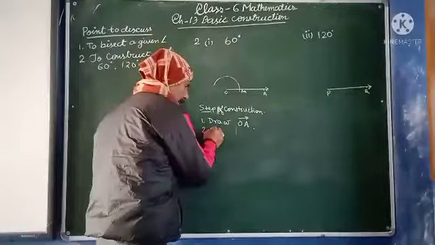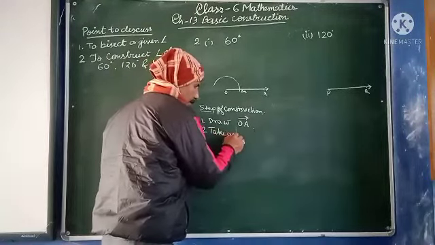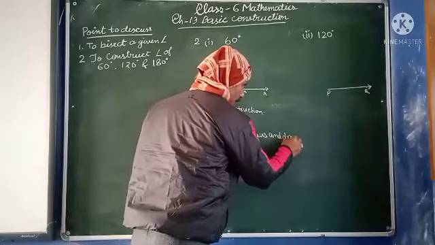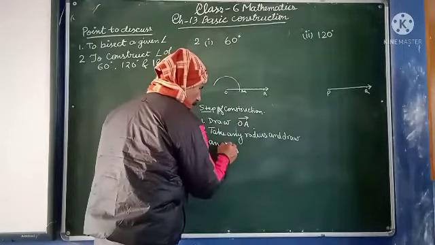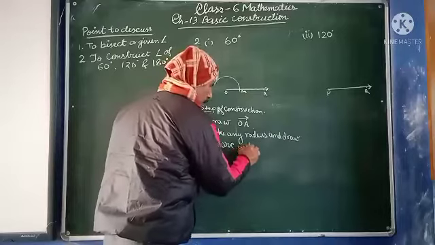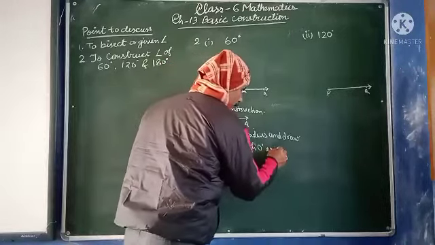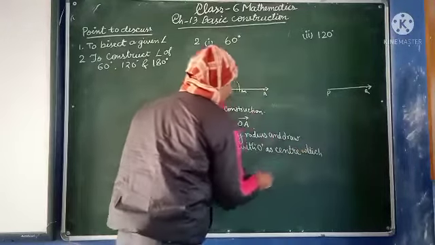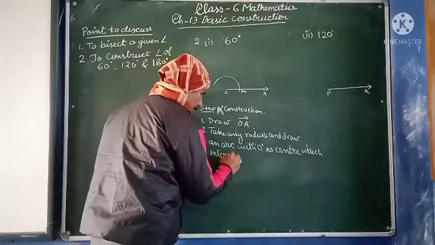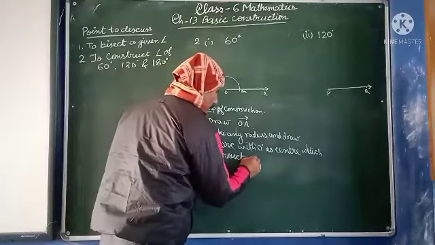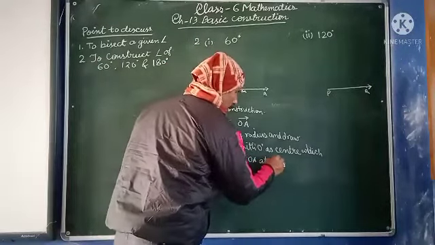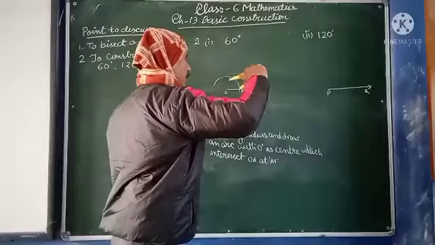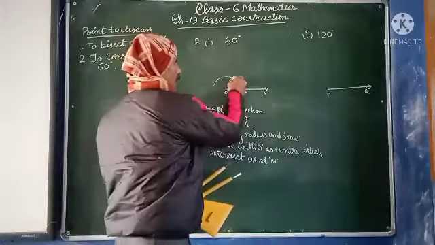So what we did: take any radius and draw an arc with O as a center which intersects OA at M. Now with the same radius from M you draw an arc which intersects the previous arc at a point.